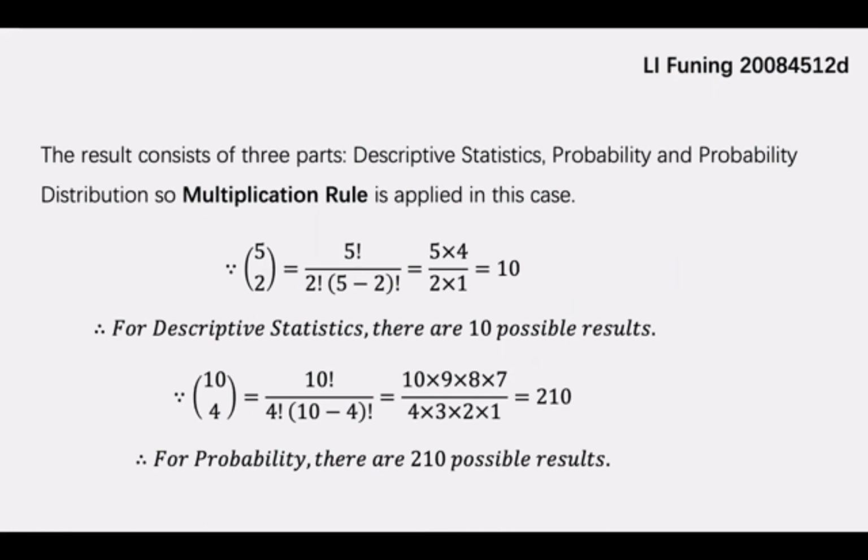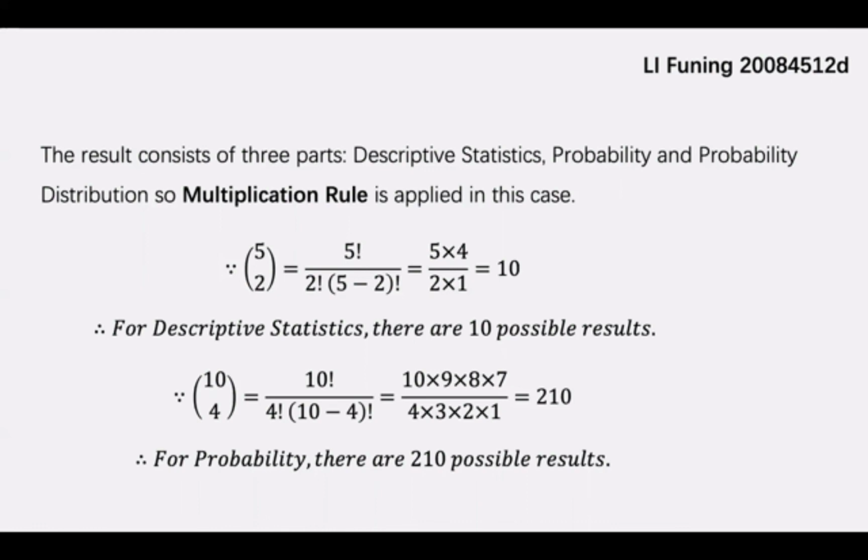The result consists of 3 parts: descriptive statistics, probability, and probability distribution. So the multiplication rule is applied in this case. Since 5C2 equals 5 factorial divided by 2 factorial multiplied by 3 factorial, which equals 10, for descriptive statistics there are 10 possible results.